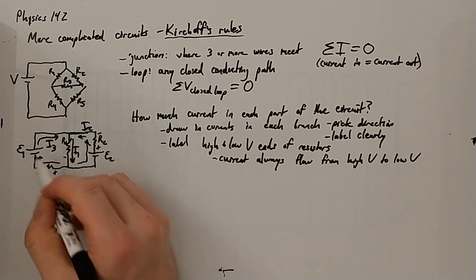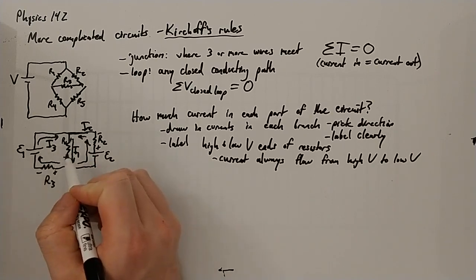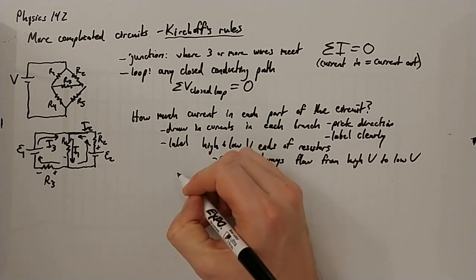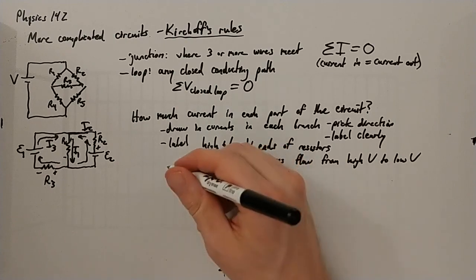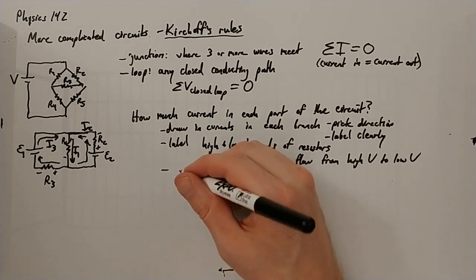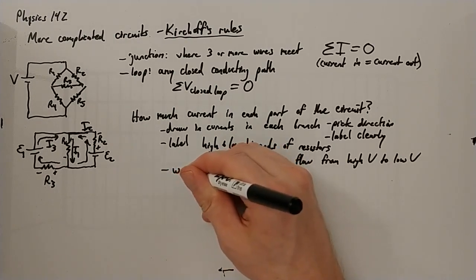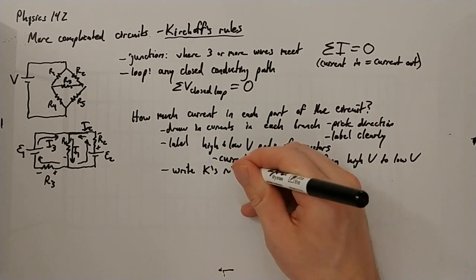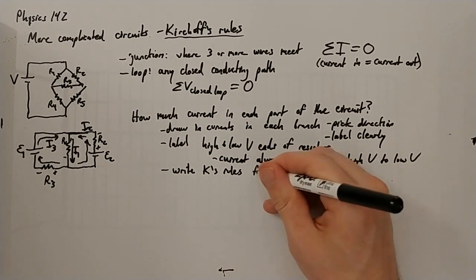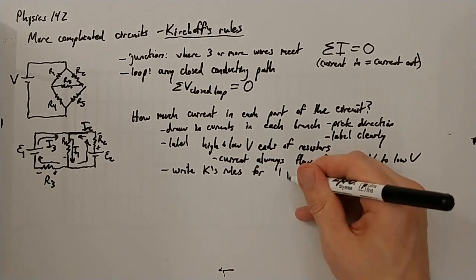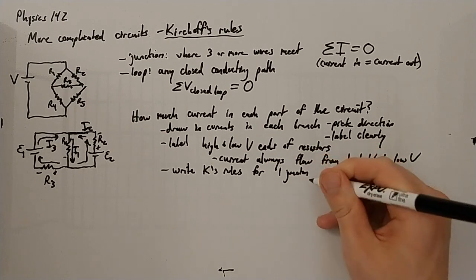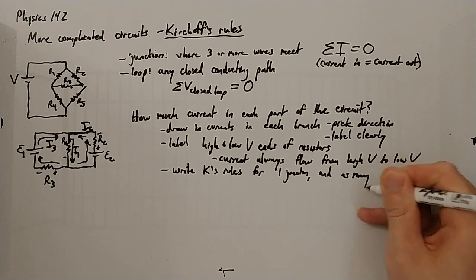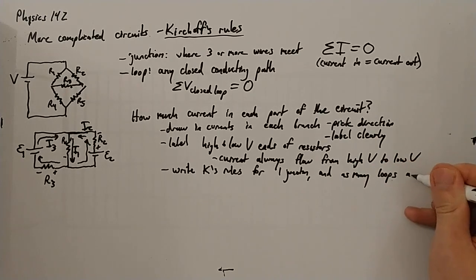And so now that we've labeled our diagram, we can use Kirchhoff's laws to actually start generating some equations. To see how this works, we need to write down Kirchhoff's rules for one junction and as many loops as needed.